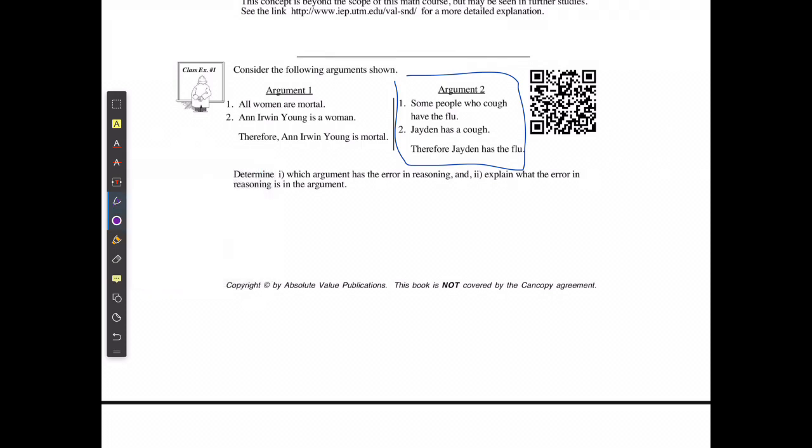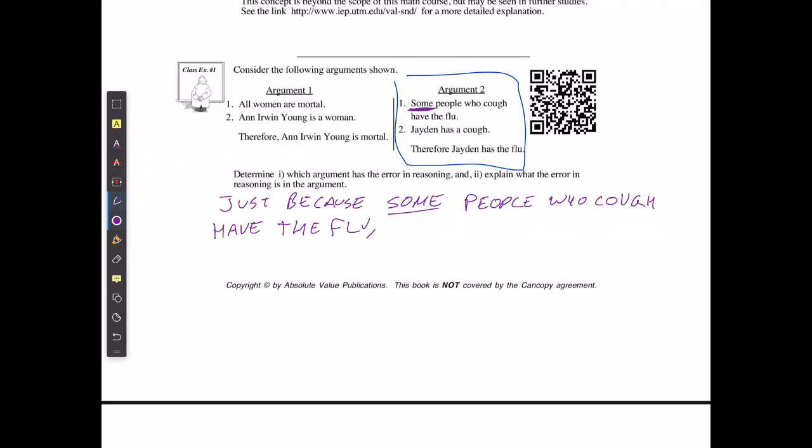Where did the error in reasoning come from? Well, the first part said some people who cough have the flu. It didn't say that all people who cough automatically have the flu. So we can say just because some people who cough have the flu, that does not mean that all people who cough have the flu.